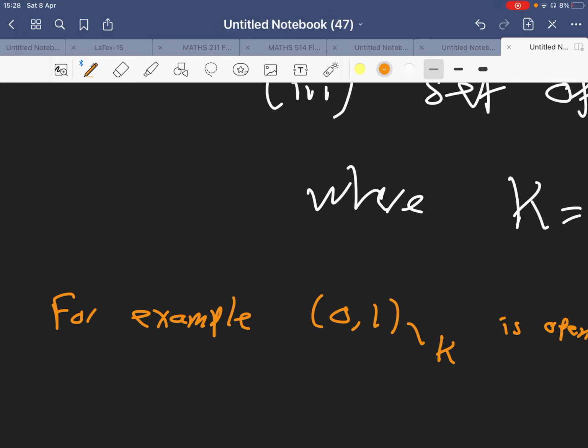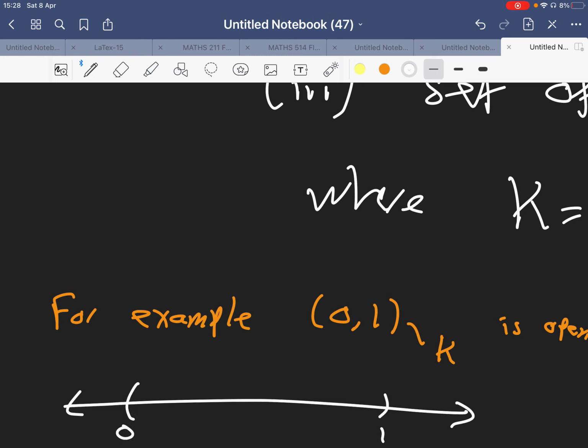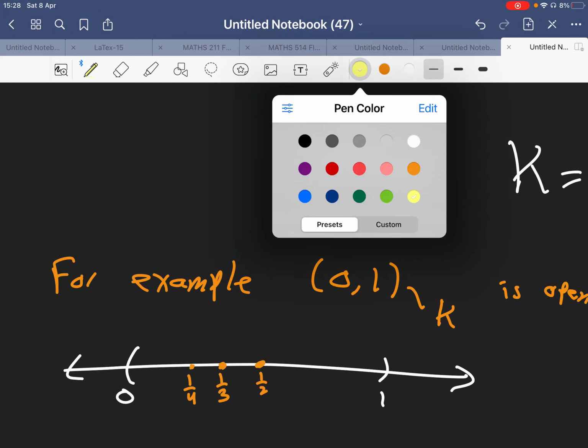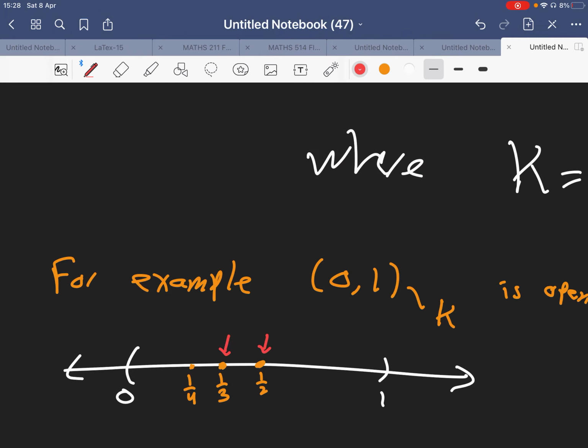If you look at this set on the number line, this is 0, this is 1. This set is everywhere except 1 half, 1 over 3, 1 over 4. Those points get cancelled. We take them out. Whatever remains is an open set. So this is the special one.